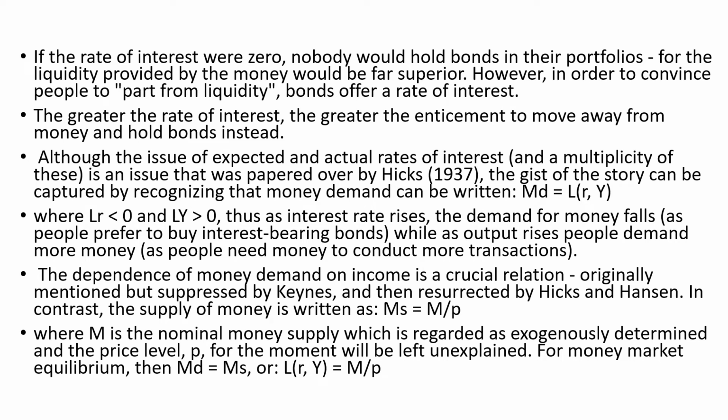As the interest rate rises, demand for money would fall, and people would prefer to buy interest-bearing bonds. The dependence of money demand on income is considered to be very crucial here, and this was originally mentioned but suppressed by Keynes, and this aspect has been taken up by Hicks and Hansen.